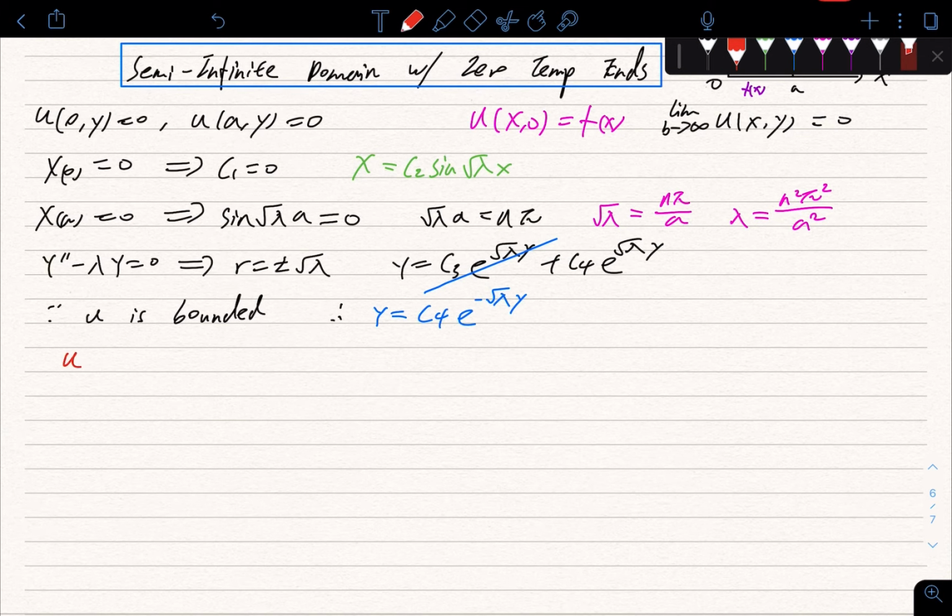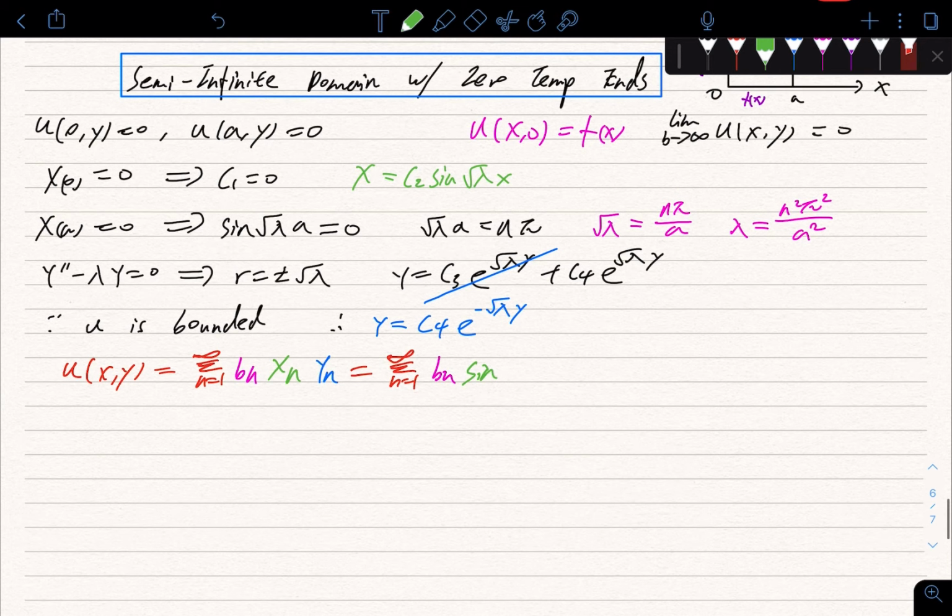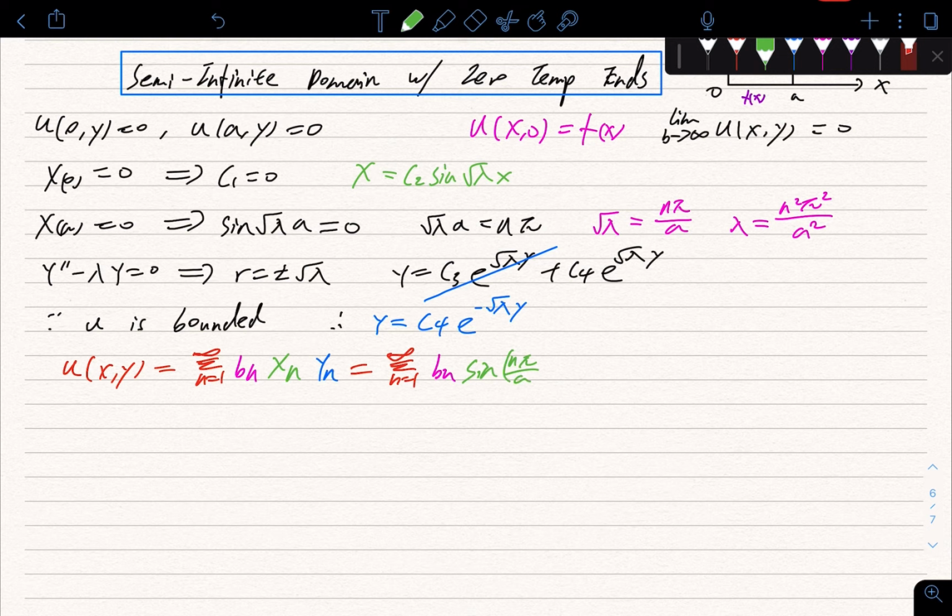And there comes our final solution. u of x, y equals the infinite series of b n, X n and Y n, and that's equal to the infinite series for n equals 1 of b n sine of n pi over a x, that's our value of square root of lambda, times e to the negative n pi over a y.